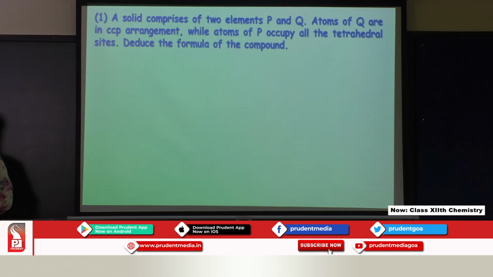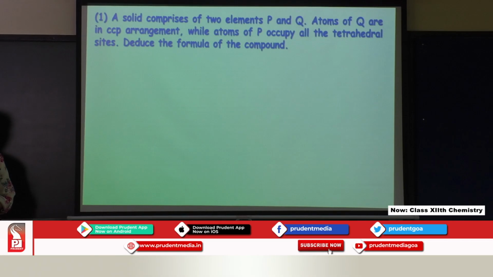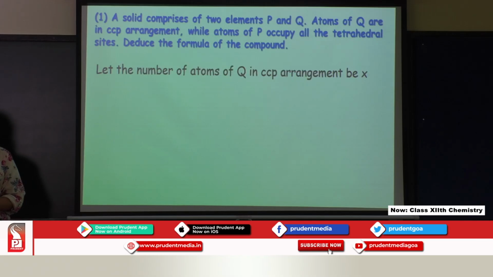Let's solve a simple numerical based on this concept. A solid comprises of two elements P and Q. Atoms of Q are in CCP arrangement while atoms of P occupy all the tetrahedral sites. Deduce the formula of this compound. We begin with this. We consider the number of atoms of Q which are in CCP arrangement to be any variable. In this case, let us take it as x.